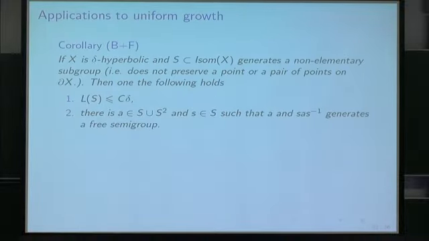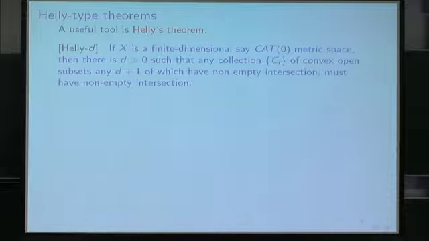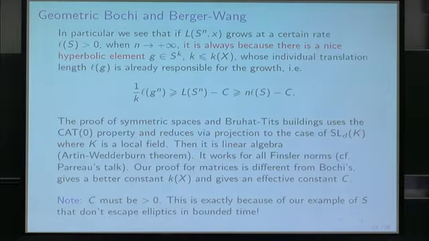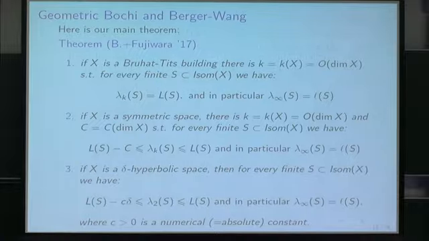So this is how the proof of number 3 in the main theorem goes. It's a quasification of the proof for trees. It requires some work, but it works pretty well.